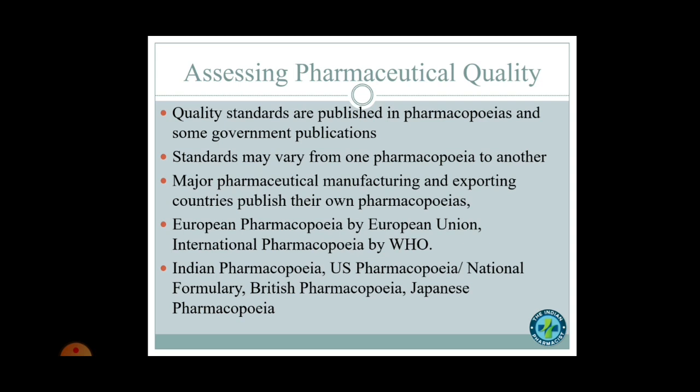The major pharmaceutical manufacturing and exporting countries publish their own pharmacopoeias, as on a regional basis, like European Pharmacopoeia establishes standards enforced in the European Union, and others have to adopt them if they want to manufacture products intended for the European market. Similarly, International Pharmacopoeia published by WHO, US Pharmacopoeia and National Formulary by the US. Similarly, we have British Pharmacopoeia, Indian Pharmacopoeia or Japanese Pharmacopoeia.